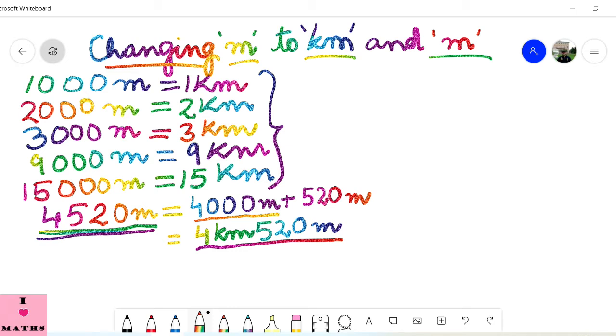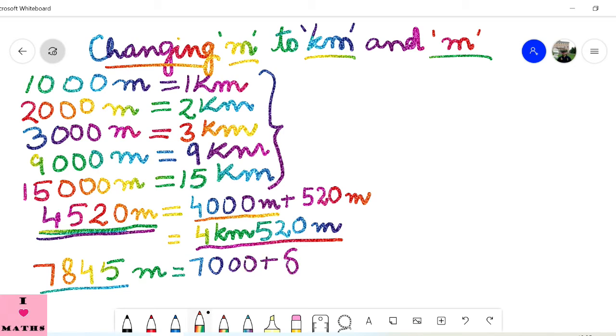Let us take another example and change 7845 meters to kilometers and meters. Now 7845 is equal to 7000 plus 845 meters.